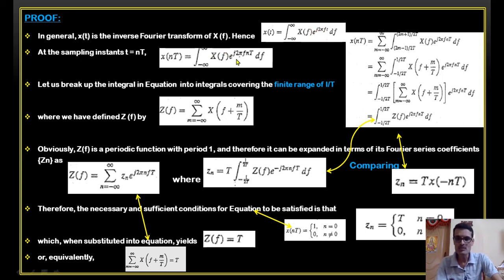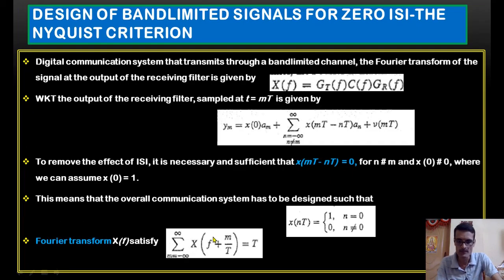Now what I'll do is, I substitute X(f) and I will limit this integration to the finite range of 1/T. Somehow I do some mathematical substitutions and all. I'll limit the integration to the interval of only 1/T. So x(nT), just from this equation I'll go to this particular substitution. x(nT) is equal to, I substitute that X(f) from the previous equation. This is the equation I have to substitute there.